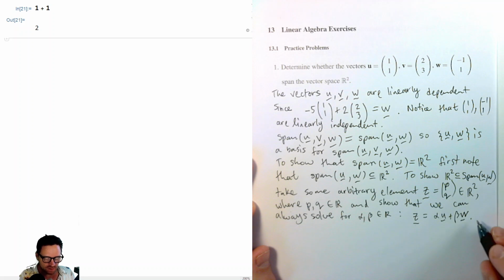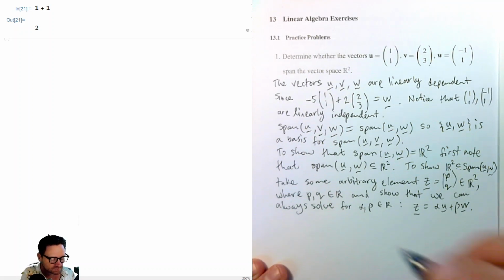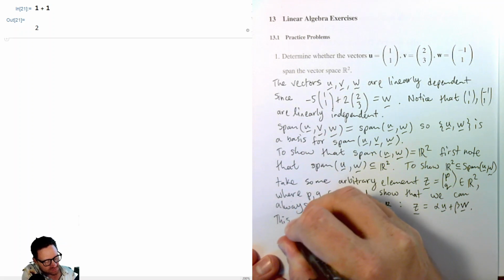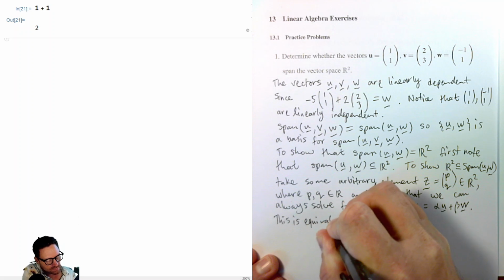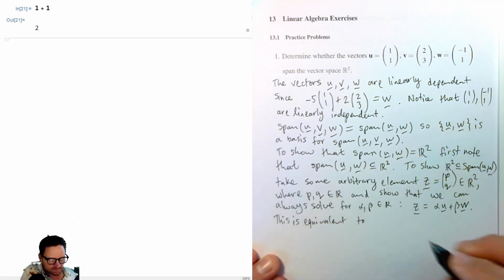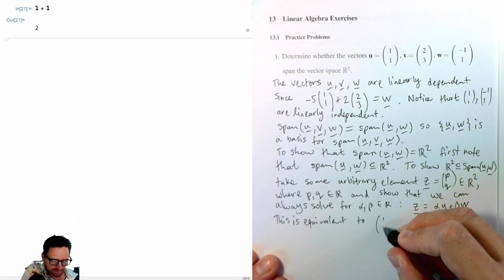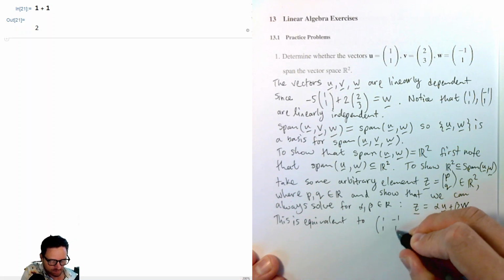Okay, so how do we show that we can always solve for alpha and beta? Well, this is equivalent to solving this matrix equation.